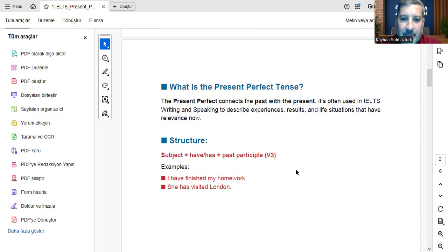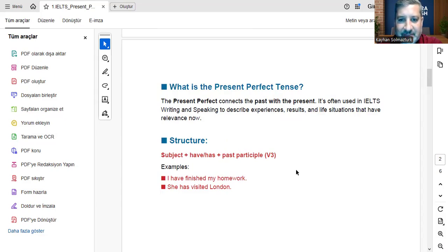Specifically, we have to know two important things to learn the tense and where we can use it in the exam.